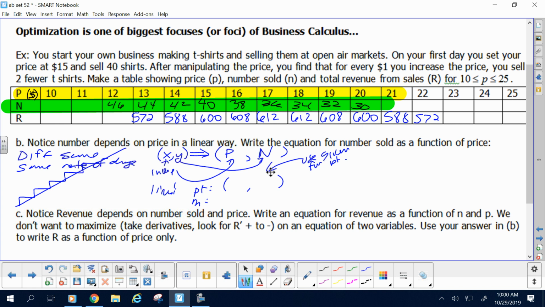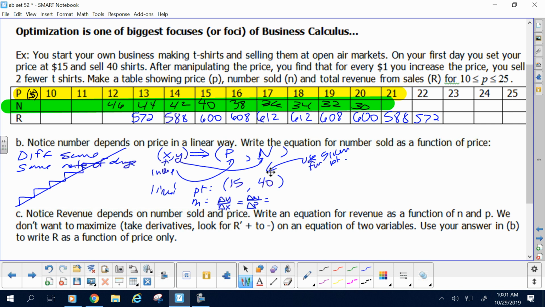The one they tell you is that when the price is 15, you sell 40. Now the slope, think change in y over change in x, which for this problem means change in N over change in P. That's where they tell me what happens when you change stuff.